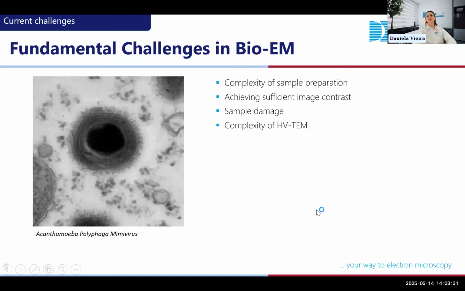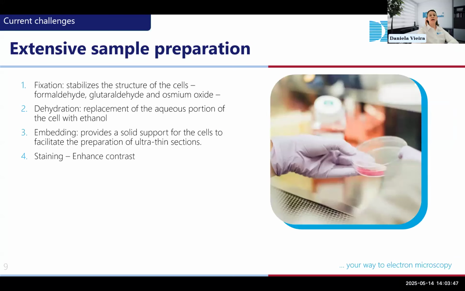Indeed, the complexity of sample preparation, how to achieve the best image contrast, sample damage, and the complexity of high voltage TEM systems are the fundamental challenges in bio electron microscopy.